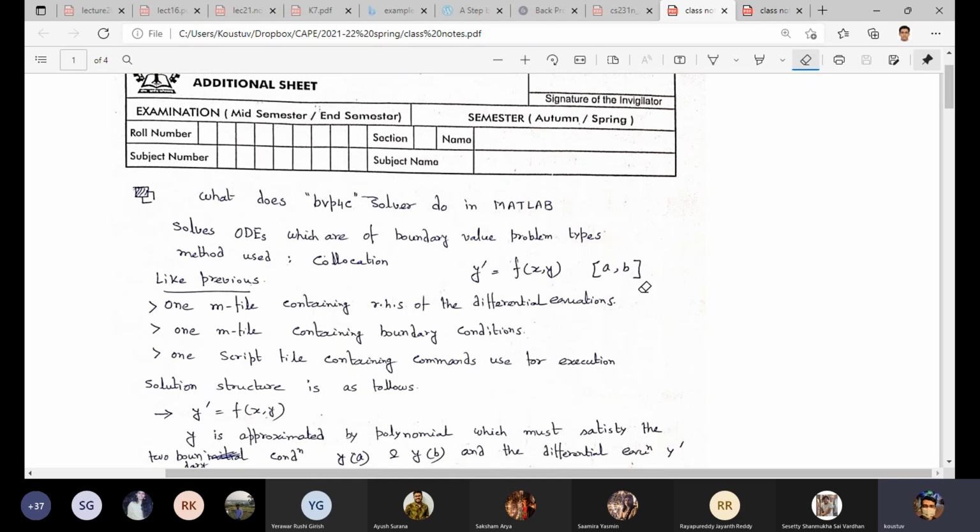So that will be the summary, or the areas that are there in the syllabus.